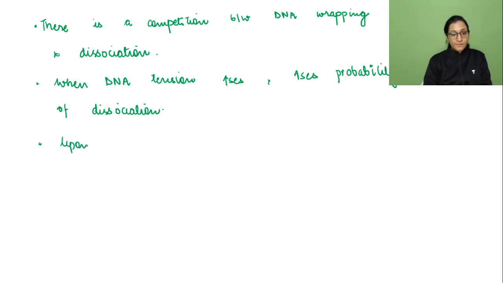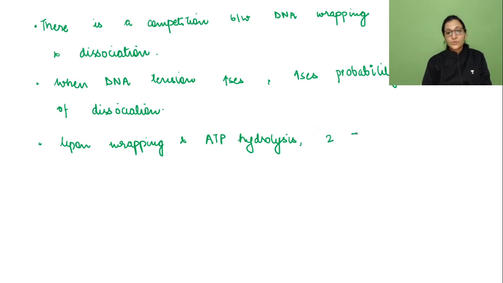Upon unwrapping of DNA and then introducing a cut, that is ATP hydrolysis, two negative supercoils are introduced into the template.